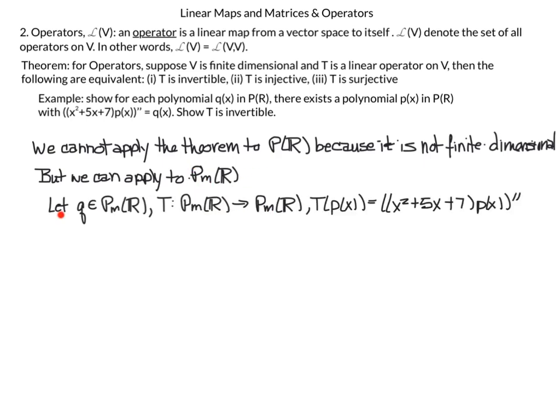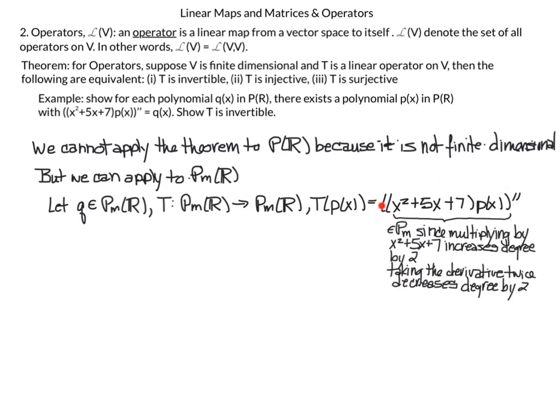So instead of letting q just be a polynomial, we're going to say let q be a polynomial of degree m or less, and then we have this transformation from Pm to Pm such that T of p of x is equal to p of x times x squared plus 5x plus 7, this product then double primed.